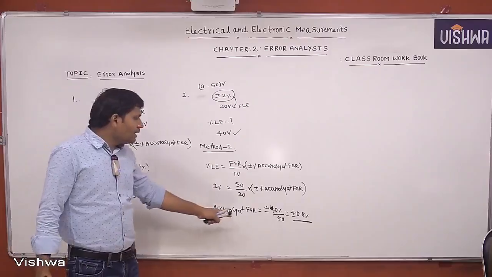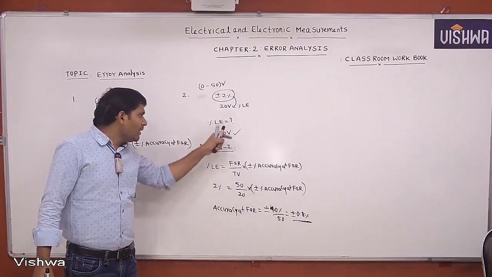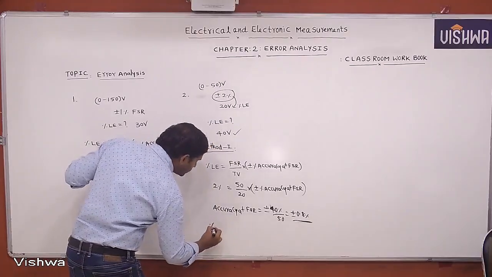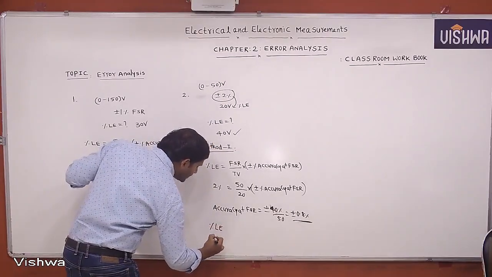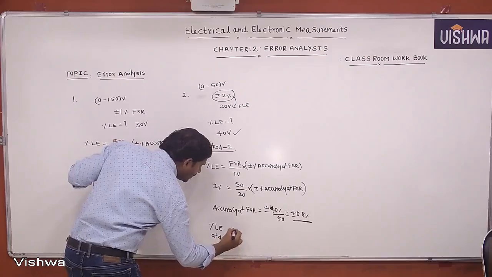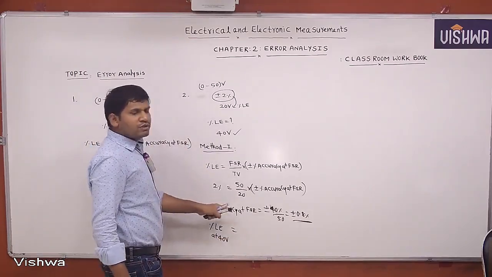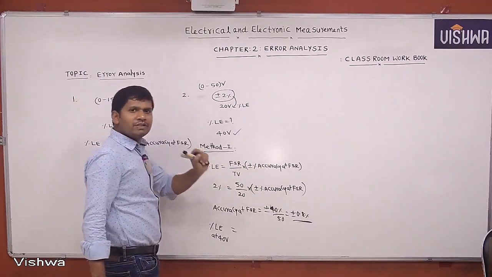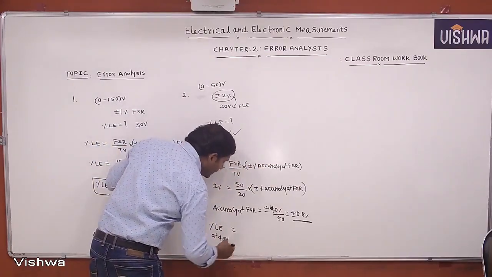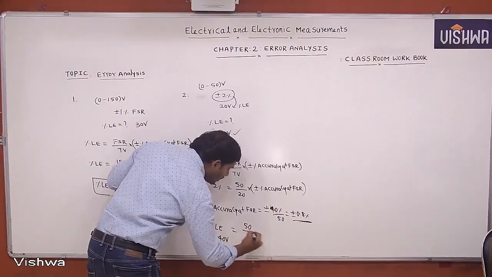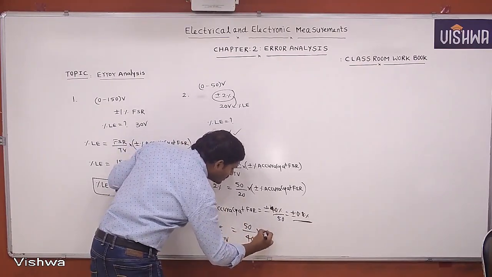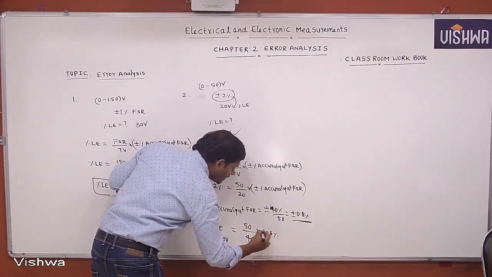But this is not the question asked. You calculate the limiting error at 40 volts. What is the percentage limiting error at 40 volts? Same formula: percentage limiting error equals full scale reading by true value into plus or minus percentage accuracy at full scale. The full scale reading is 50 volts, the true value at 40 volts, and the accuracy at full scale is plus or minus 0.8%.